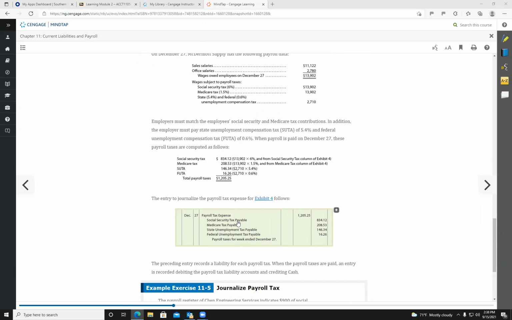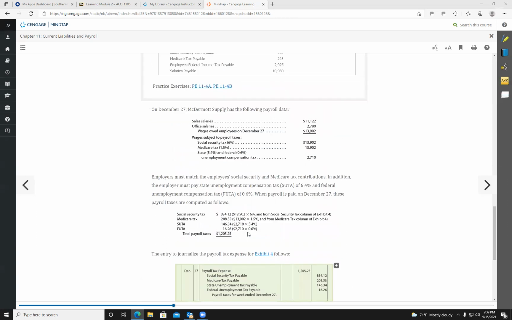The total payroll tax expense is made up of all of these different payables. Once payroll is actually processed, when we actually pay them, we cut those checks, right? Another journal entry is going to be done offsetting these payables.